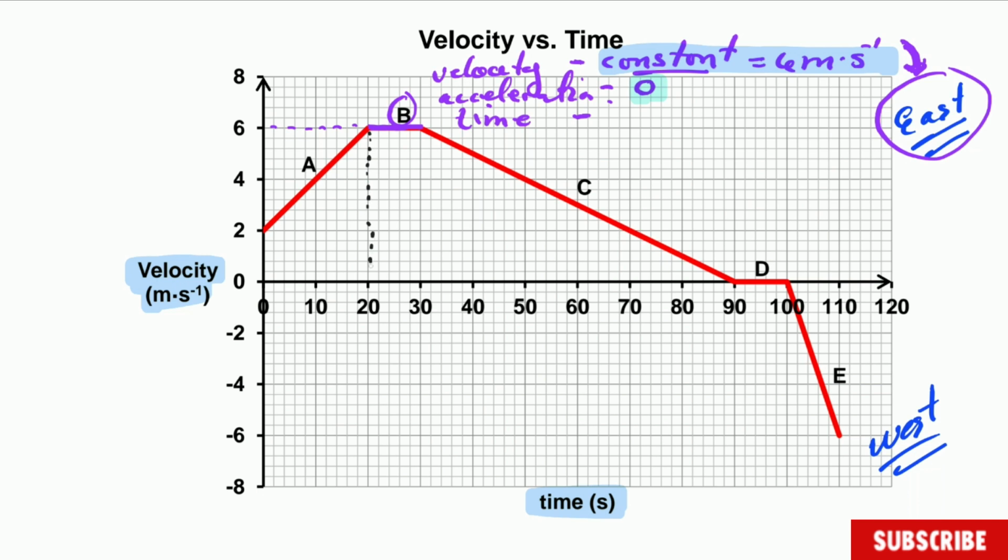If you go here, it is from 20 to 30, and it means it is 10 seconds. So the velocity was constant and the acceleration was 0 for 10 seconds. And that is the answer for question 7.1.